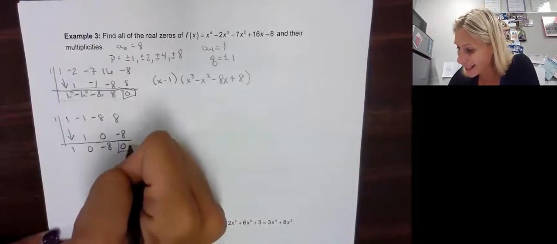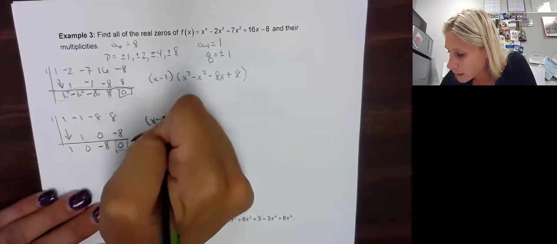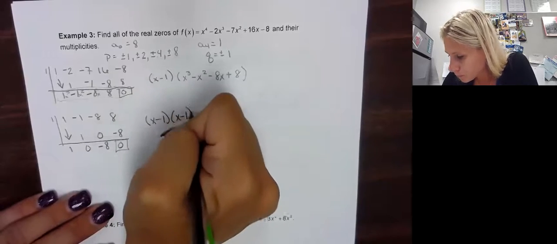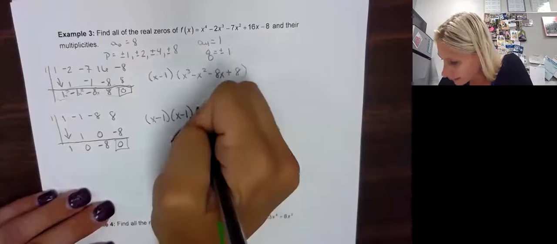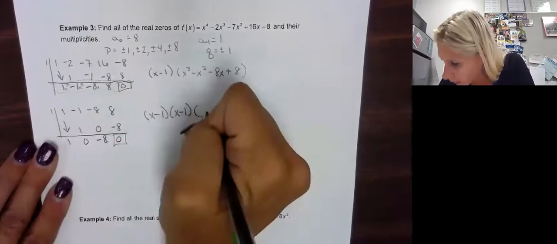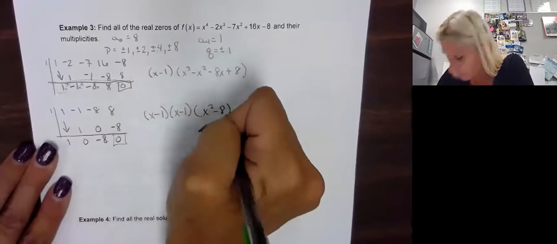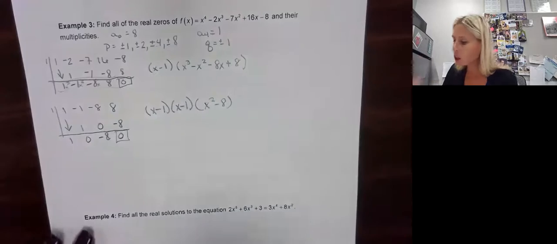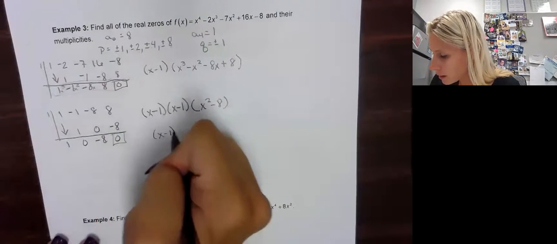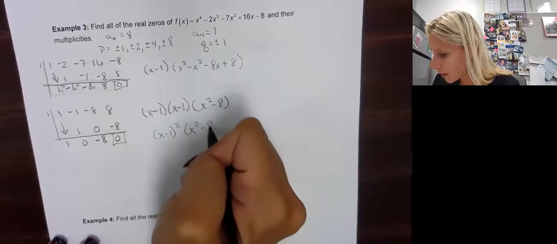So yes, it is a factor. So there's 2 of them. There's x minus 1 times x minus 1. And then we have what's left over here. That's coefficient, and that's x, and that's x squared. So x squared minus 8. Okay. Remember, this also can be written as x minus 1 squared times x squared minus 8.